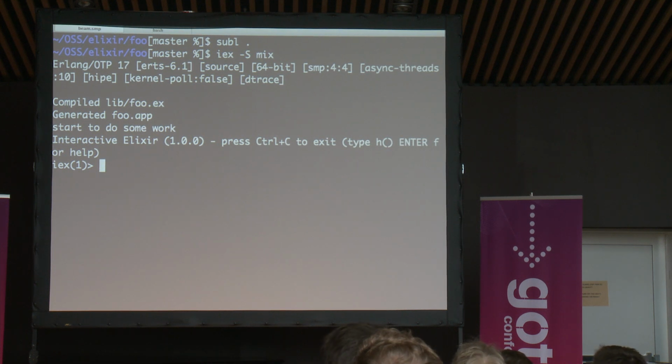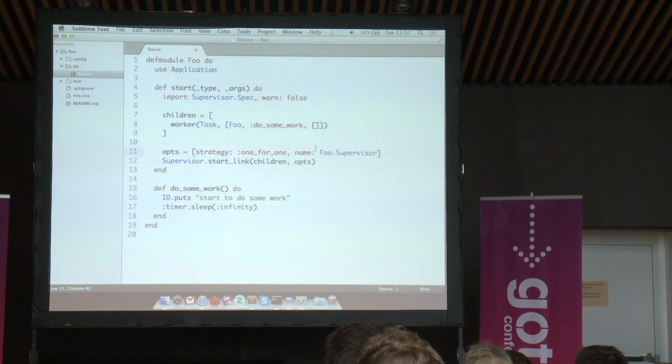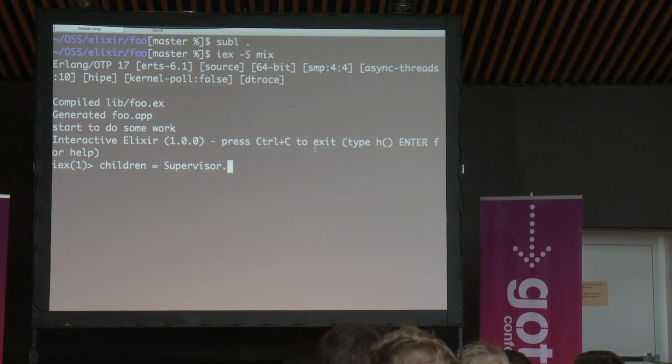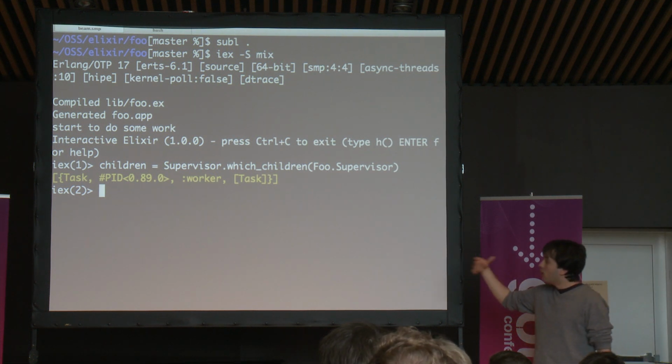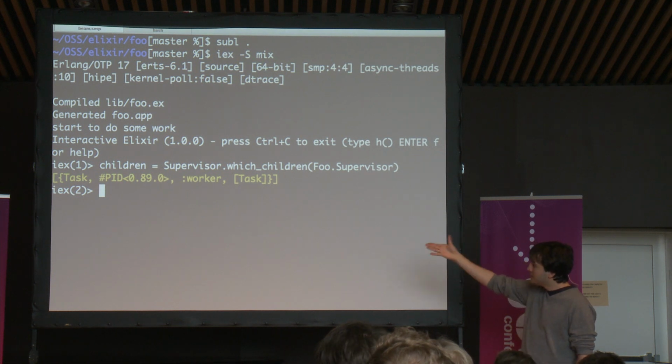Our supervisor had a name. If we go back to the file, you can see that we gave it a name of foo.supervisor. This is just an identifier. It can be whatever you want. And I can ask, give me all the children for the foo supervisor. Then it returns this information saying what the module is, which is a task.